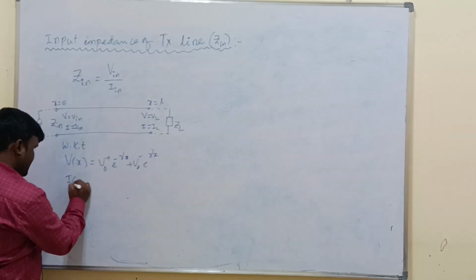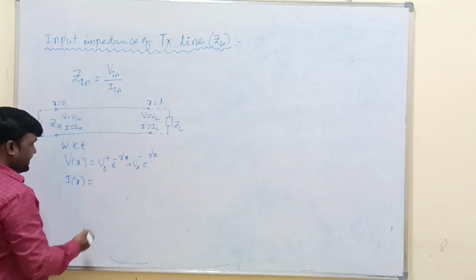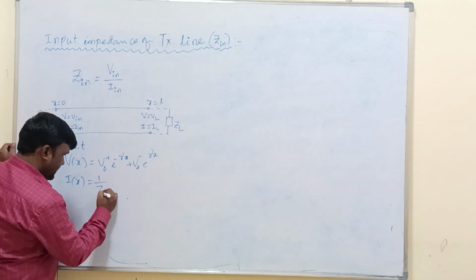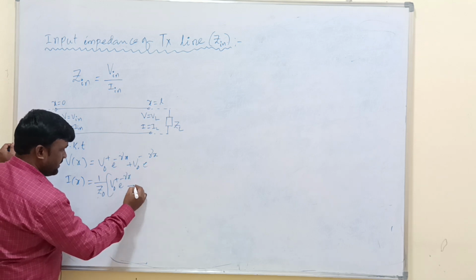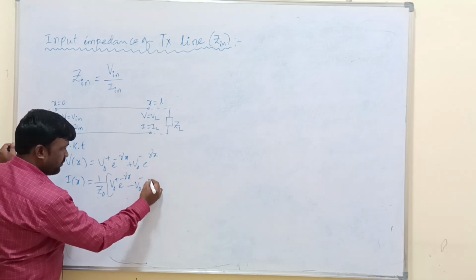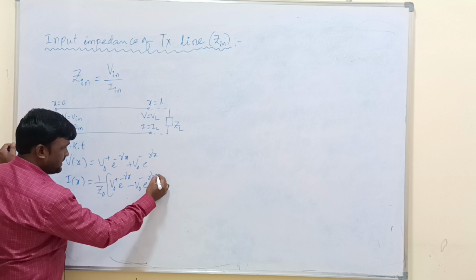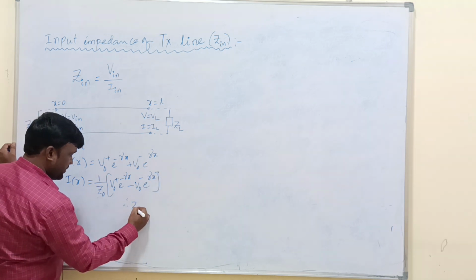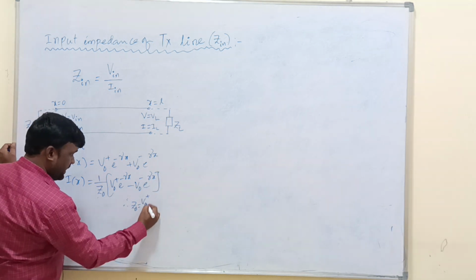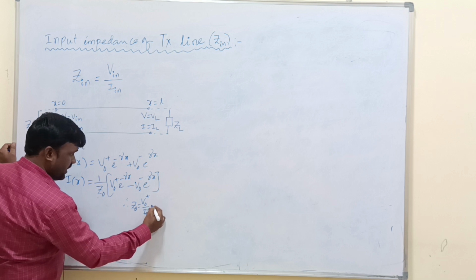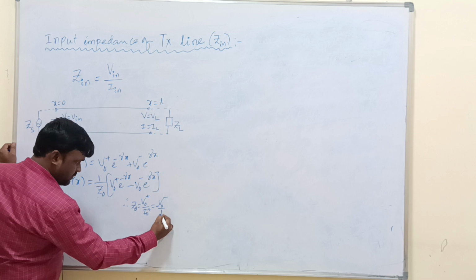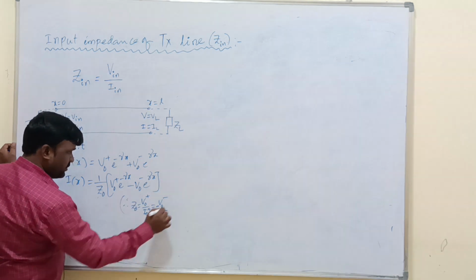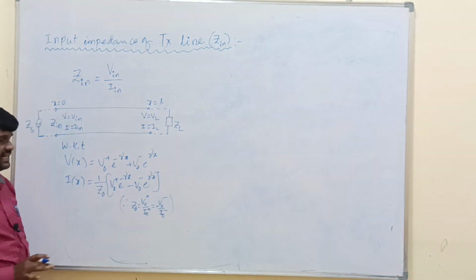Similarly, I of x we can write as 1 by Z naught into V naught plus e to the power minus gamma x minus V naught minus e to the power gamma x. Since Z naught equals V naught plus by I naught plus, or else minus V naught minus by I naught minus, by using this we can write I of x like this.